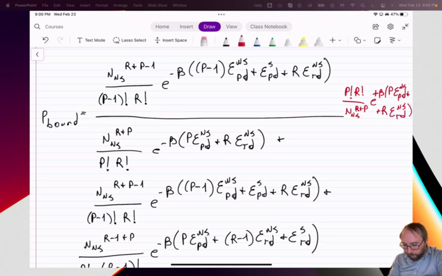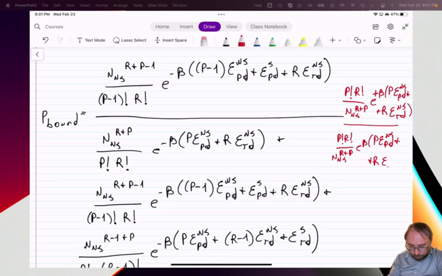Okay, and I'm going to have the same thing below. P factorial R factorial, NNS to the R plus P, e to the beta P epsilon polymerase non-specific plus R epsilon repressor non-specific.